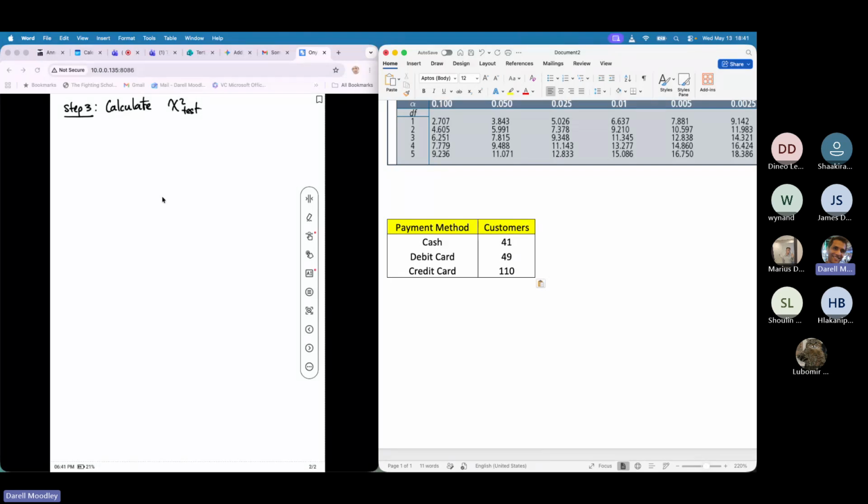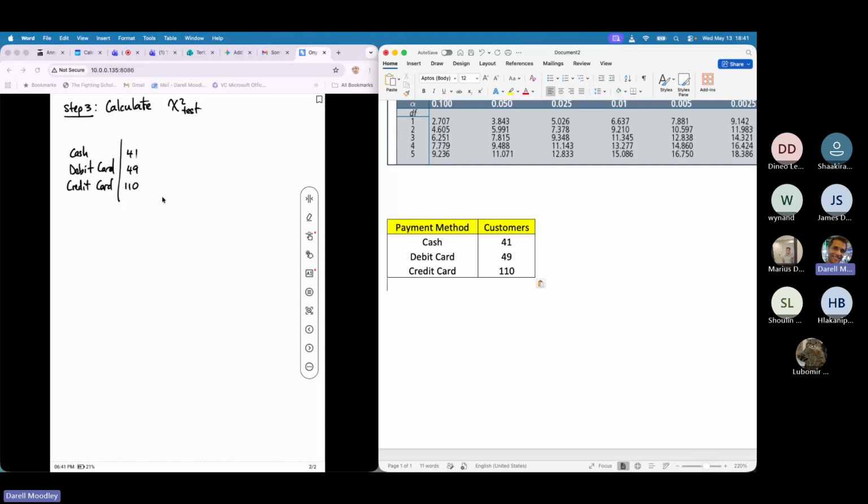So in other words, the table that you see on the right, I have cash, and then I have debit card, and then I have credit card. And then I'll write out the values that's given to me. So you have 41 customers who pay by cash, you have 49 pay by debit card, and then you have 110 that pay by credit card.